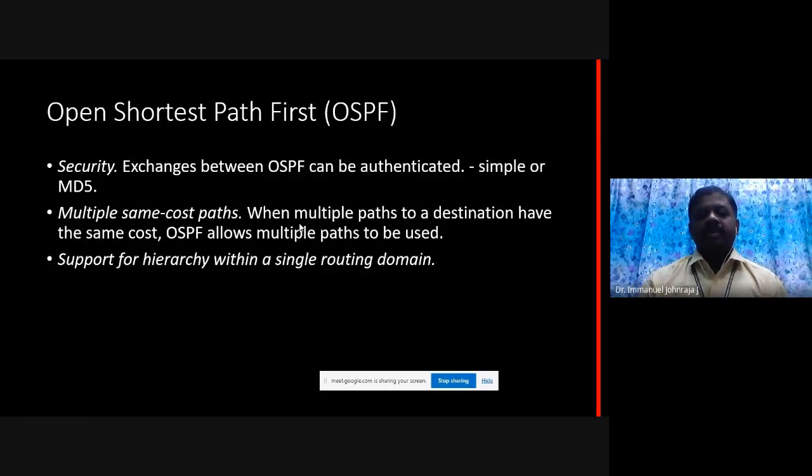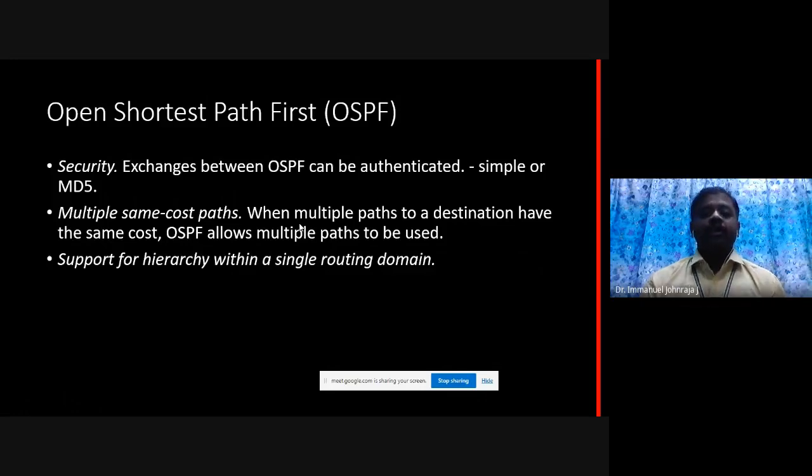But OSPF has a little more advantage than the RIP protocol. It supports security. You also have authentication, either using MD5, or simple authentication having a password, which is sent in plain text. Then multiple same cost paths are also possible in OSPF. It installs both in the routing table, and it also supports hierarchy within a single domain.